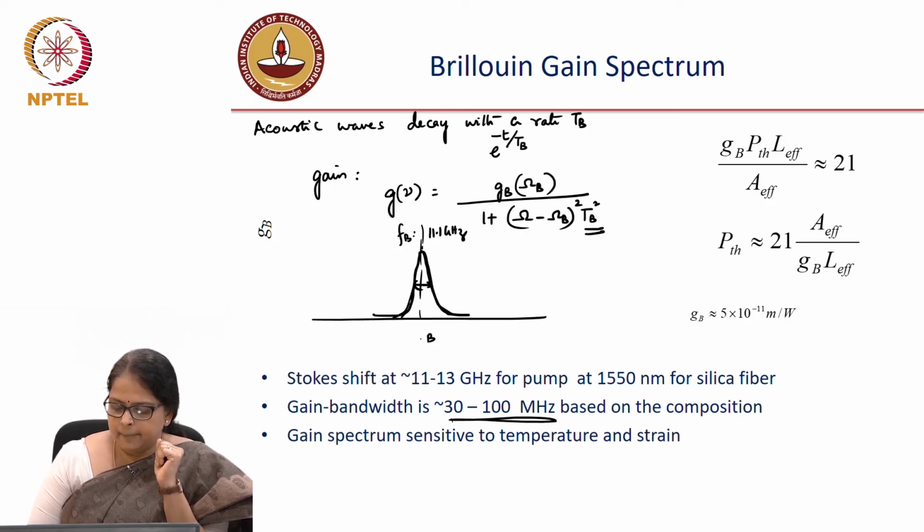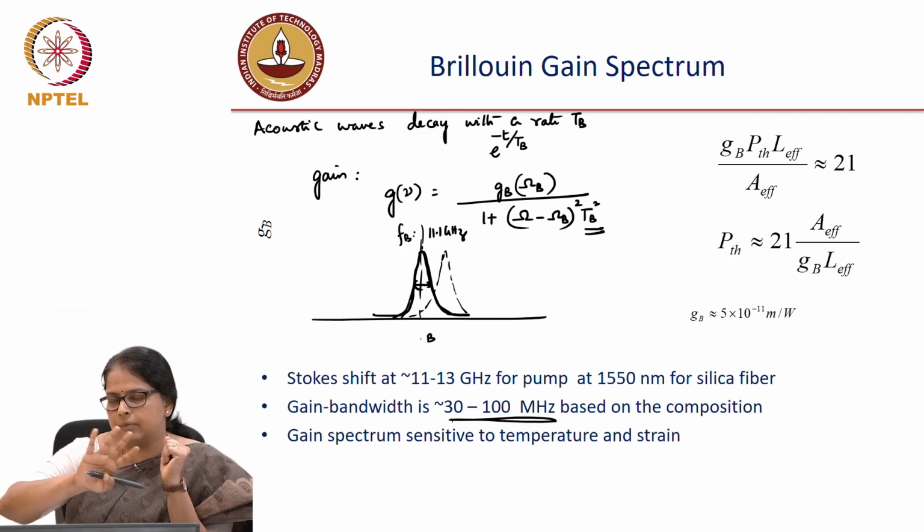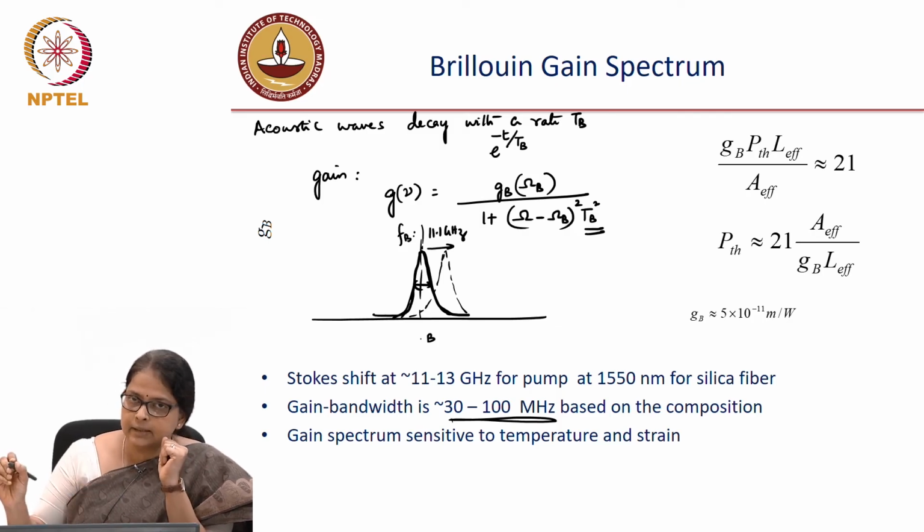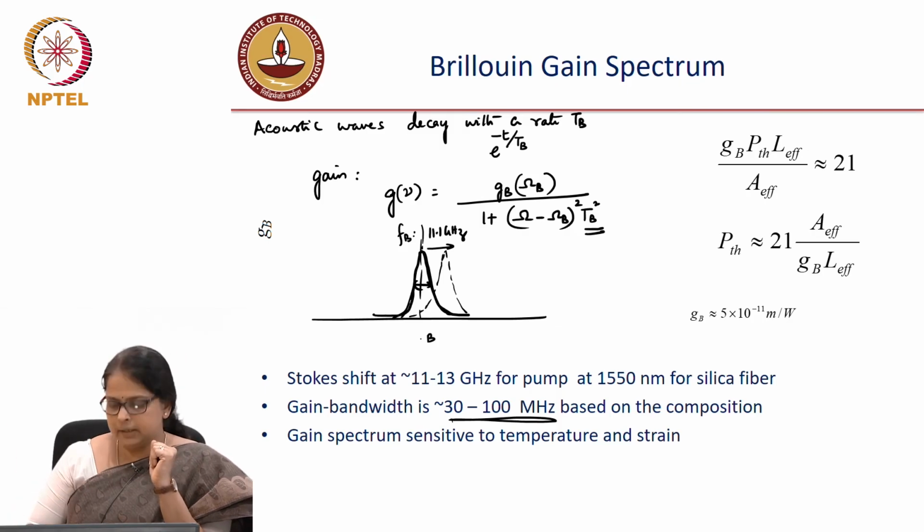This gain spectrum, of course, as we said, is sensitive to strain and temperature. So when you strain the fiber, the spectrum will start moving forward or in the reverse direction. Actually, when you increase the temperature, the frequency shift increases, so the wavelength shift actually decreases.